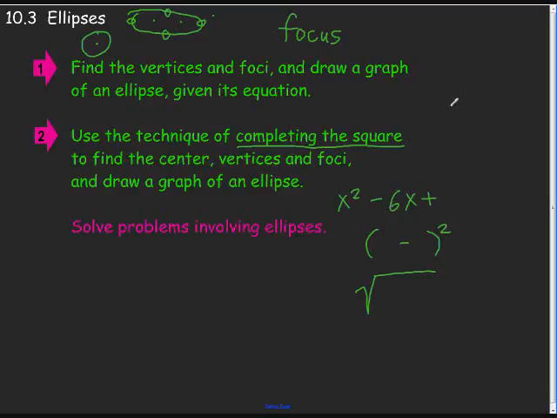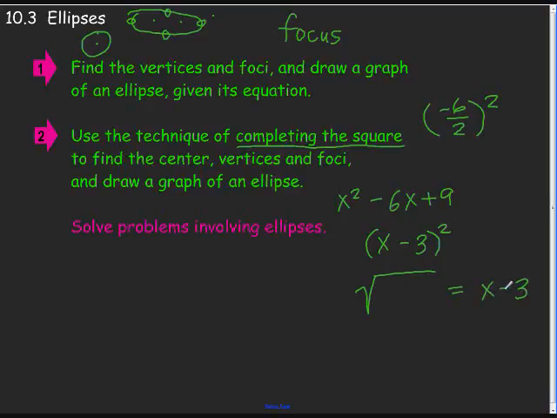We take 1/2 of -6 and square it. That would give us -3, and squared we get 9. This then can be factored. We take the square root of that and we end up with x minus 3.